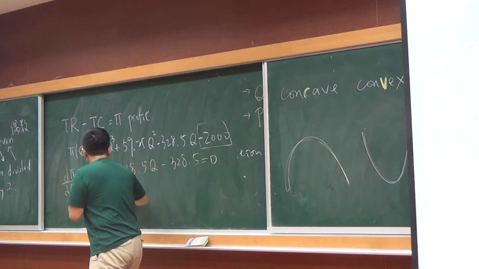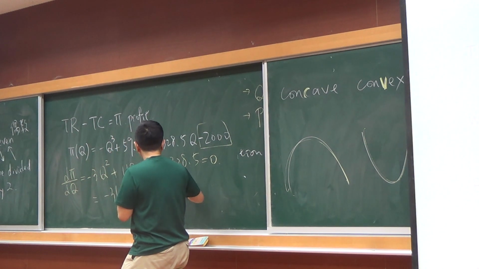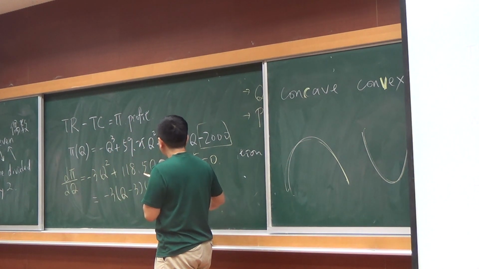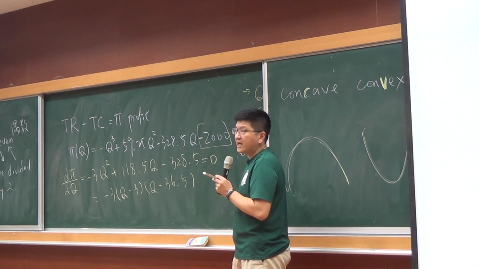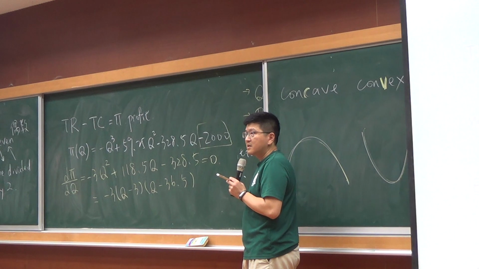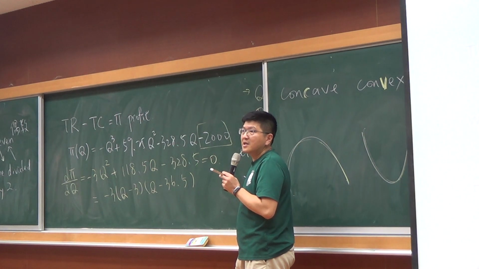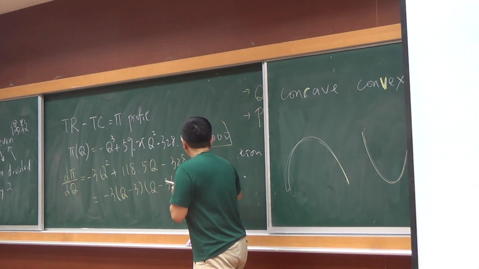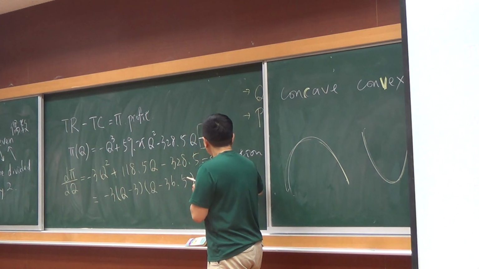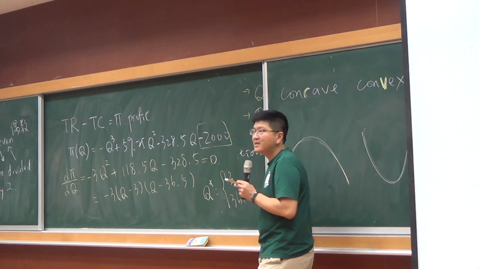Minus 3, Q minus 3, Q minus 36.5. Okay? So we want to find the critical values of this function. What would be the critical values? Q star can be 3 or 36.5, is that right?